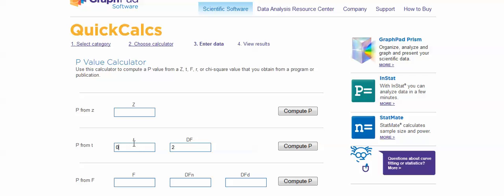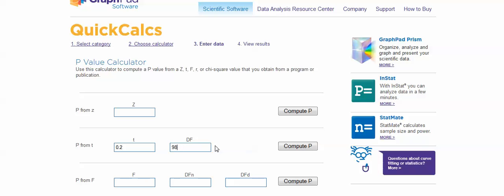So let's look at the correlation of 0.2. If you're dealing with correlations, the df is different. It's not n minus 1, it's n minus 2. We had a sample size of 100, so df is 2 less than that.